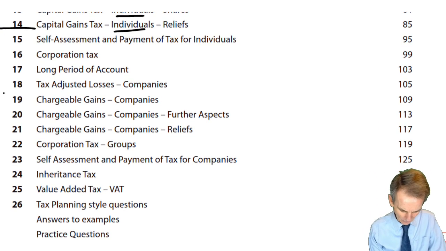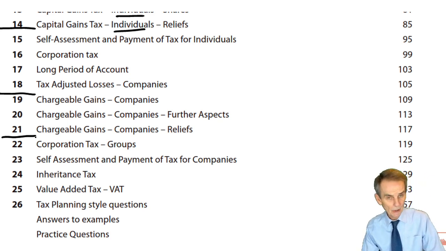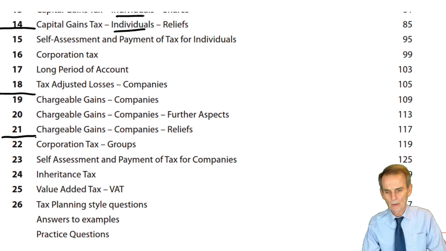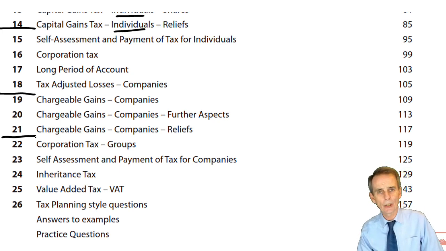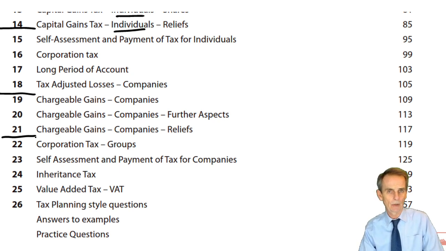And then we've got from chapter 19 through to chapter 21, much of which is repetition, where we're simply saying same issues as you had to deal with in chapters 12 to 14, but there's maybe one or two differences in terms of the treatment, and these are issues maybe more likely to set in a corporate tax context rather than a personal tax context. So there's your capital gains.